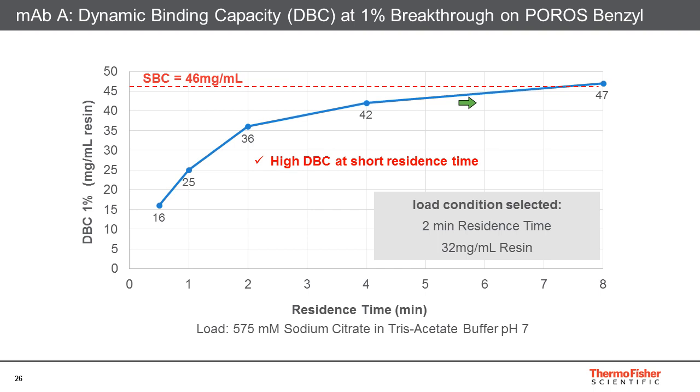And because here we wanted a faster and yet robust loading process for mAb, we set the loading density to around 32 mg per mL at a 2-minute residence time, which if you look at this is basically 90% of 1% maximal breakthrough capacity.